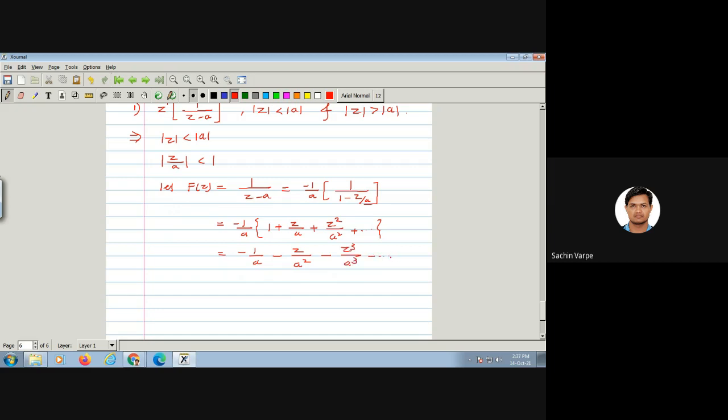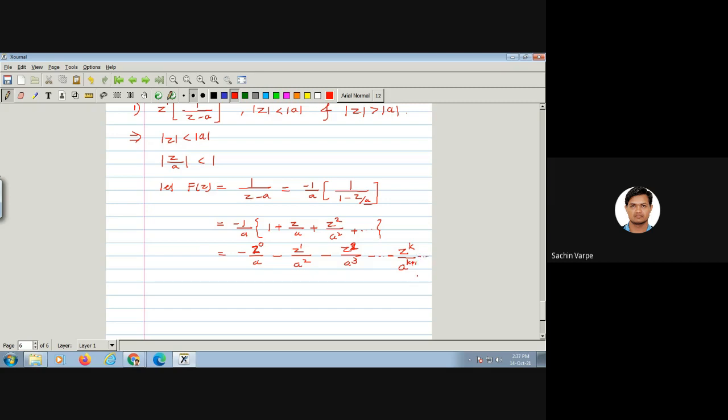Can you guess the kth term? This is Z raised to 0, Z raised to 1, Z raised to 2, Z raised to 3. So the kth term, Z raised to k upon A raised to k plus 1, right?